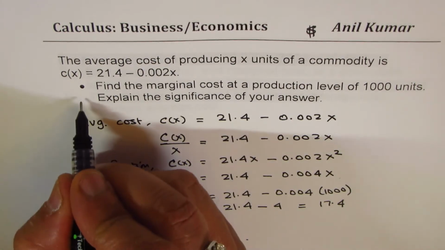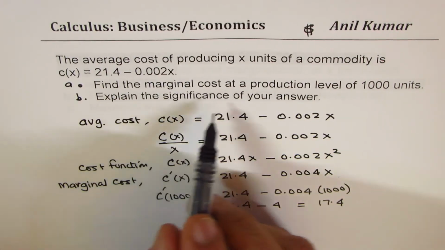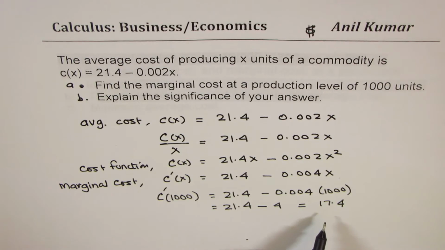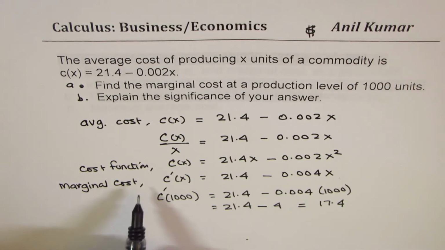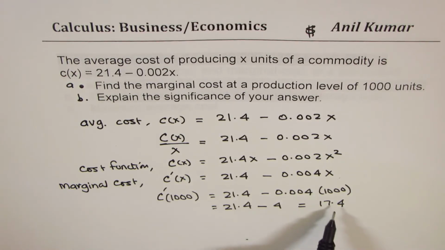Now part B of this question is explain the significance of your answer. So when we say that the marginal cost at this level of 1000 is 17.4, it means what?